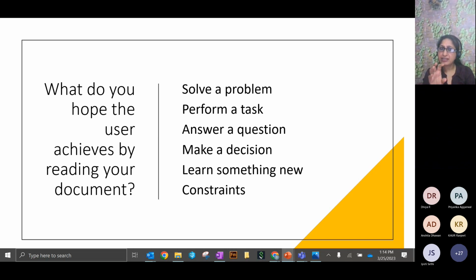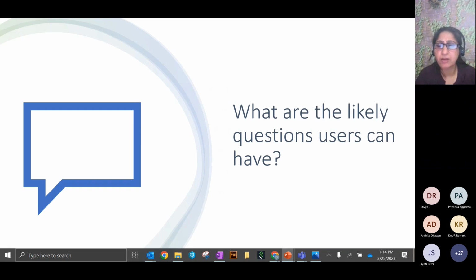Is it that the user needs to solve a problem? Is it that he needs to perform a task? Does he need to answer a simple question, make a decision, learn something new, identify some constraints? What are the likely questions the users can have?